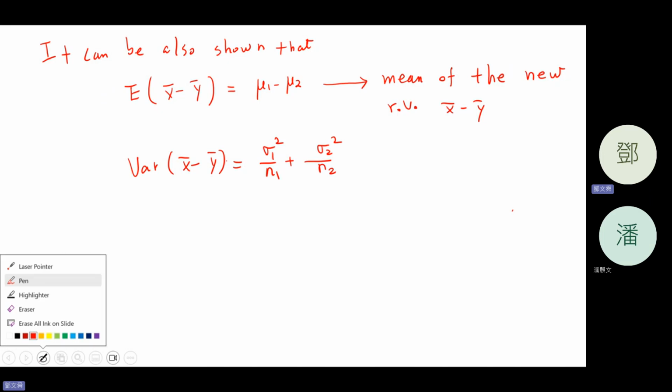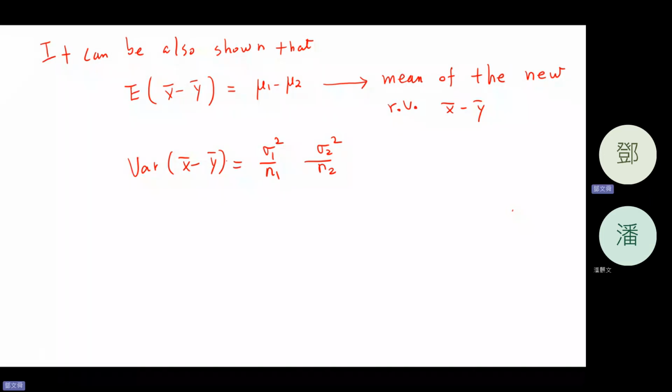And note that this sign is plus, not minus.